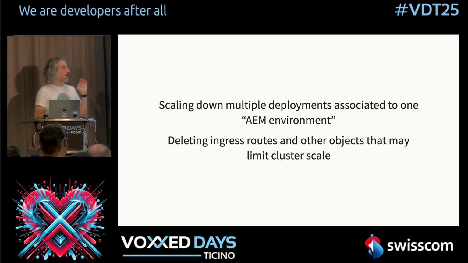We delete a bunch of other objects. We save them, but we delete them from the cluster because clusters can also be limited not just on CPU and memory, but on how much stuff you have stored on the Kubernetes control plane, like etcd. And right now, our limit is how much stuff we are storing on etcd. And we delete a bunch of things from Kubernetes, scale it to 0.